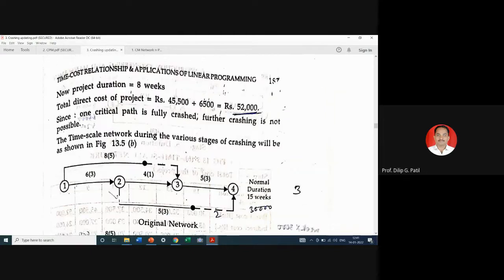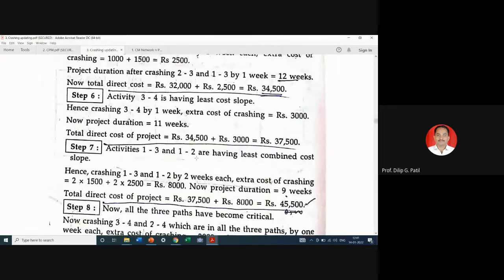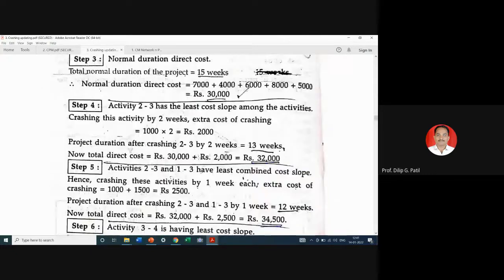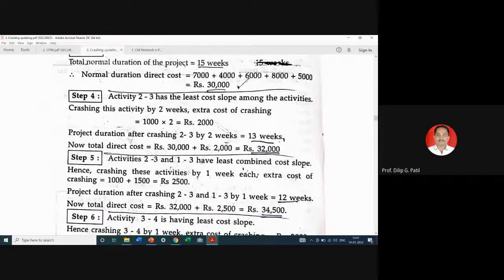See here what we have done in second step. Activities 2.3 and 1.3 have least combined cost slope.